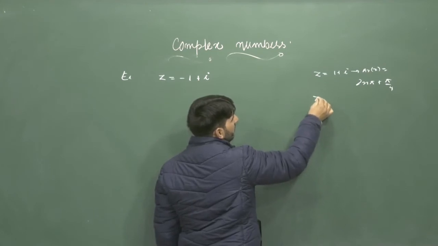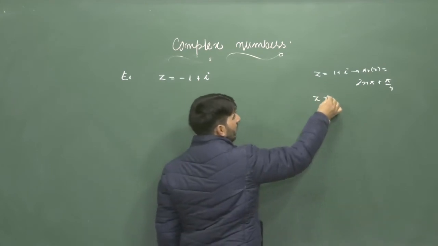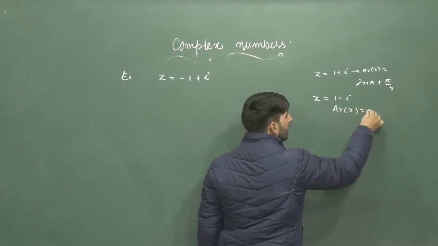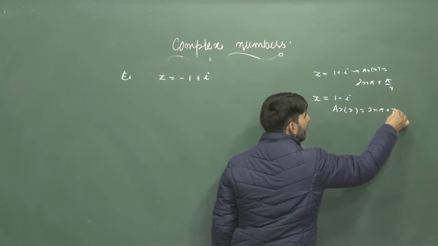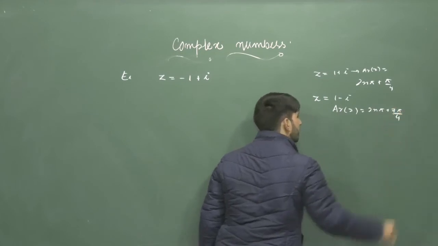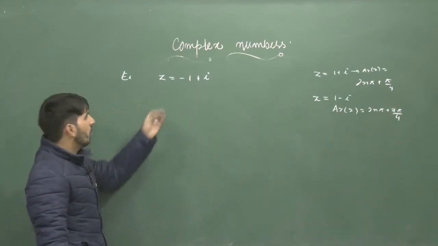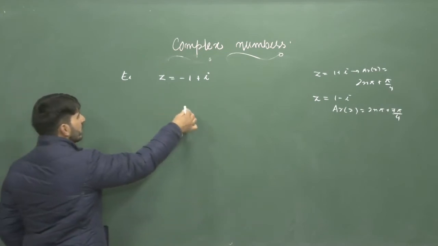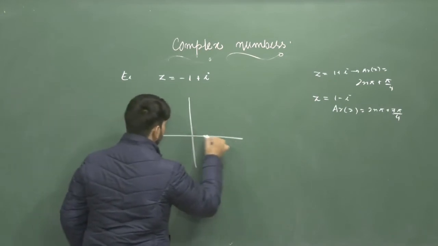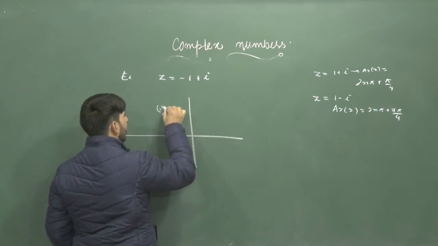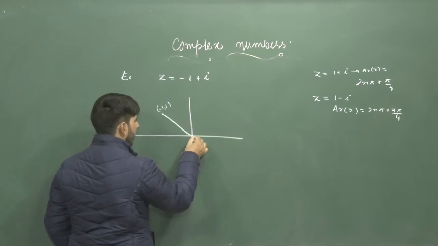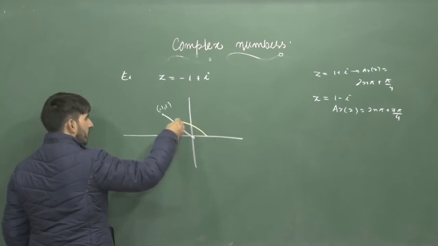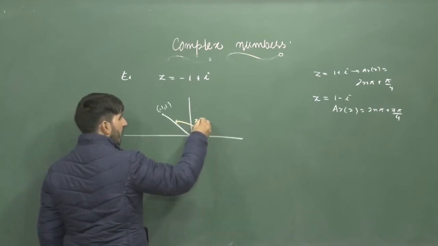And second complex number we took 1 minus i, and its argument was 2n pi plus 7 pi by 4. Now we have taken the complex number z is equal to minus 1 plus i. So this complex number lies in the second quadrant. This is minus 1, 1, and this is the argument of this complex number, that is pi minus theta.